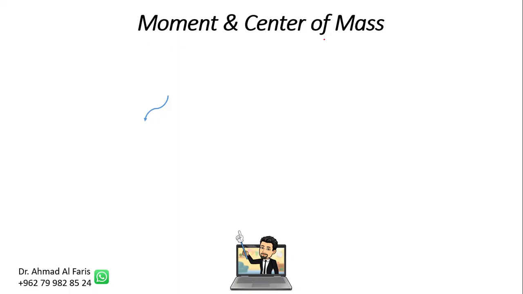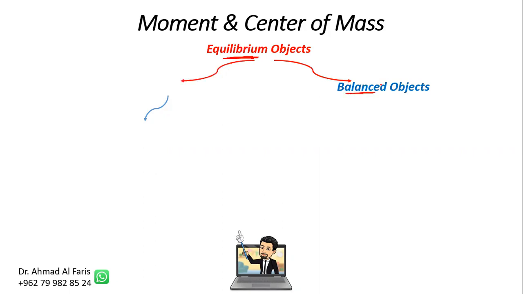Now we have moment and center of mass. Today we are going to talk about both of these things. First of all, to understand the moment, we have to know something called equilibrium. When we say that an object is in equilibrium, that means the object is balanced, and it means that the object is stable.